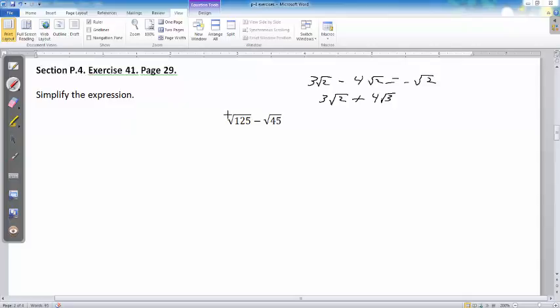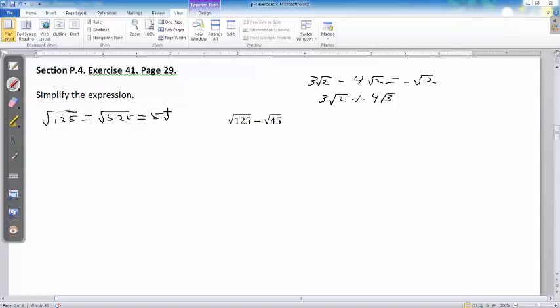So what about something like this? Well, it doesn't look like we'll necessarily be able to get anything out of it, but let's simplify the roots and see if maybe they're like roots after we simplify. So square root of 125. Let's see if we get lucky. Take out a 5. 5 times 25. 25 is a perfect square, so I just square root that.